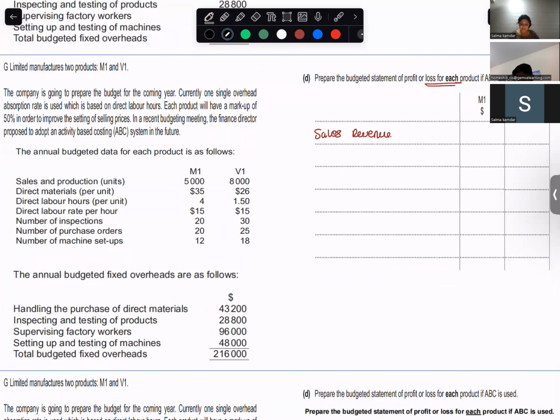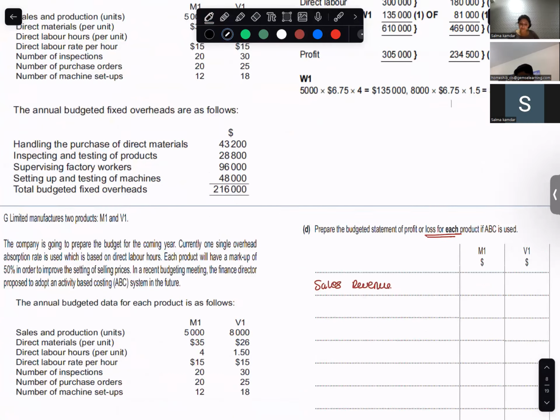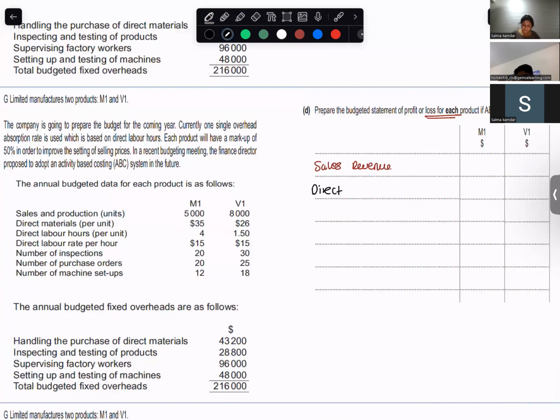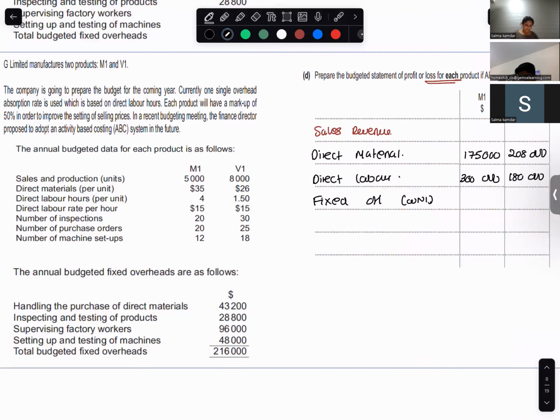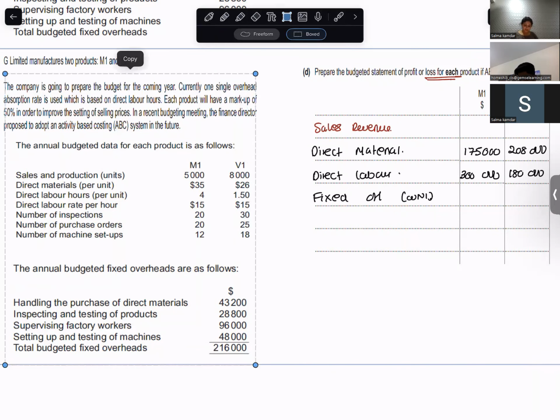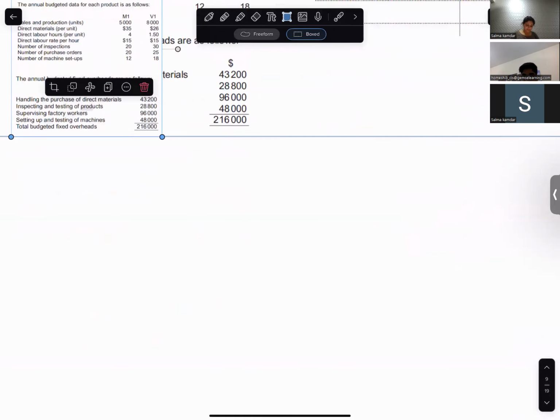Your direct material and direct labor would remain the same: 175,000 and 208,000, and 300,000 and 180,000. Where you need help is the fixed overheads.